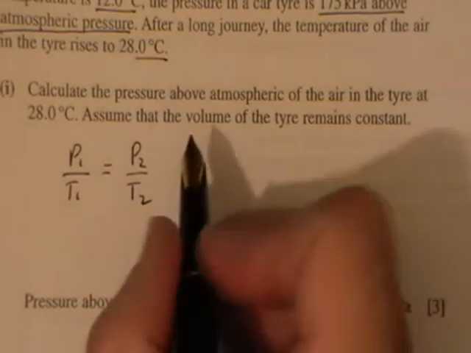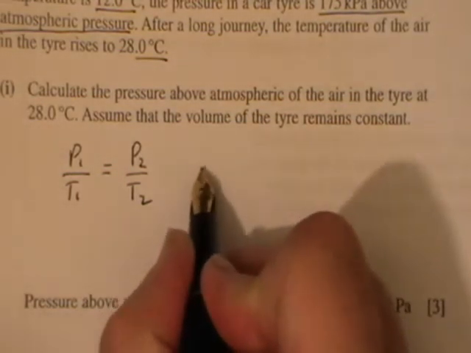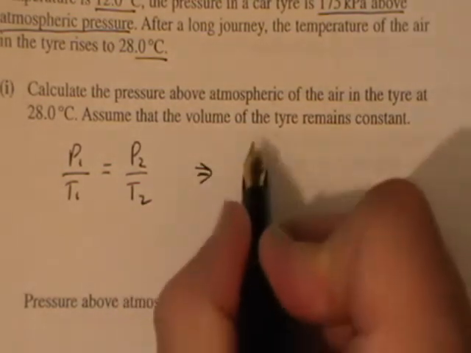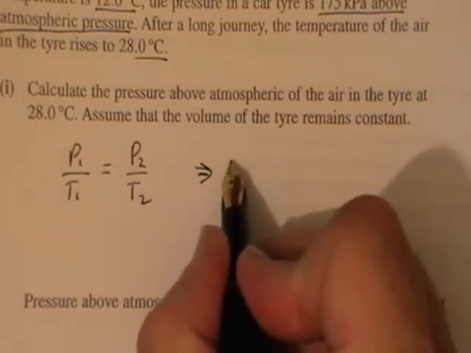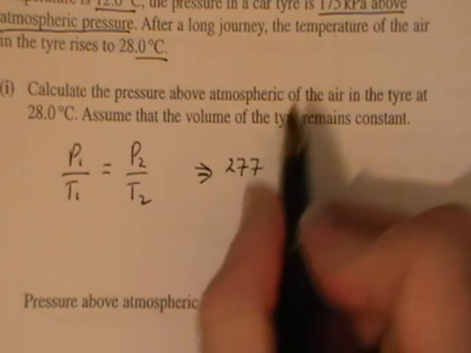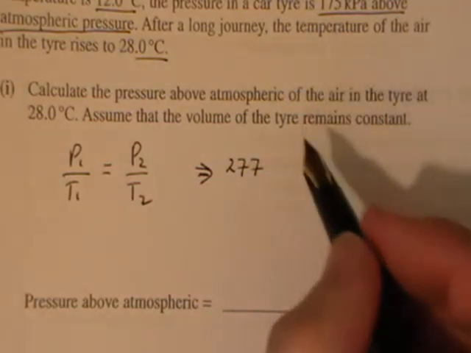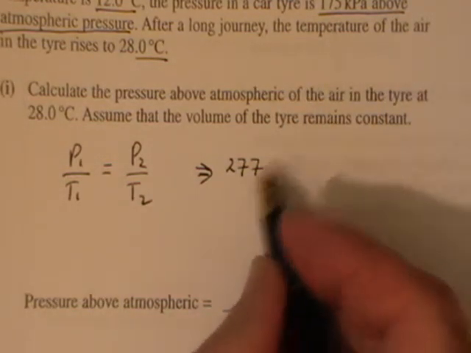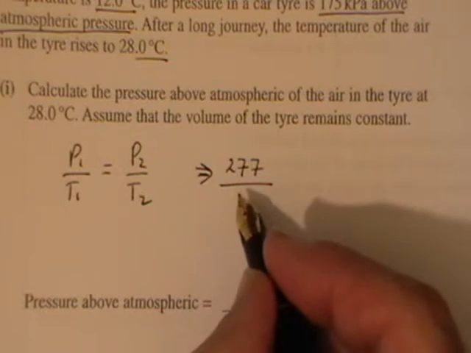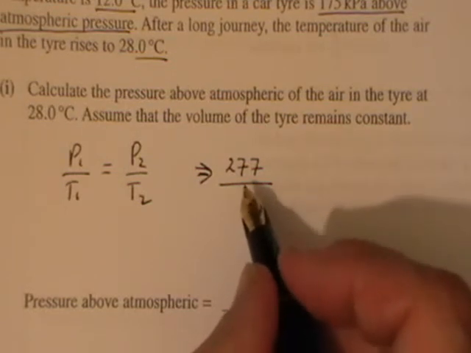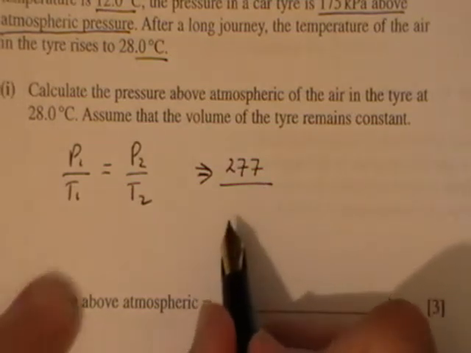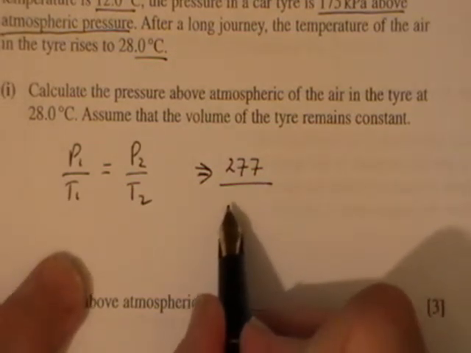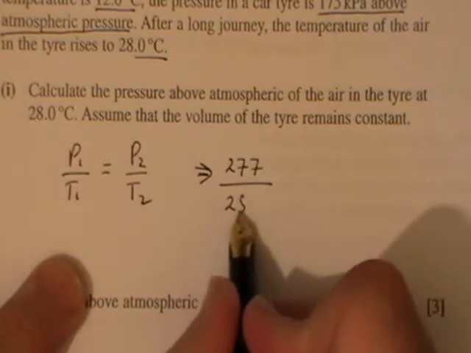The first pressure is 102 plus 175, which gives us 277, over a temperature of 12, which is 285.